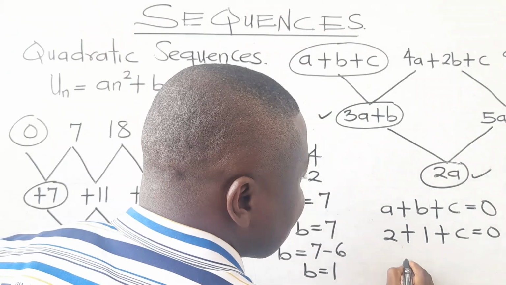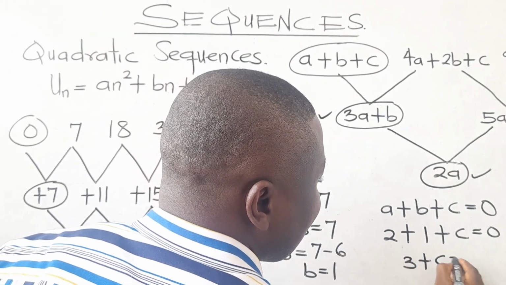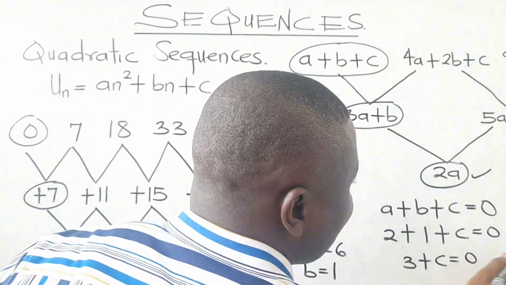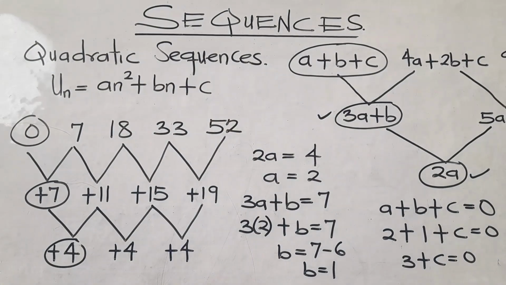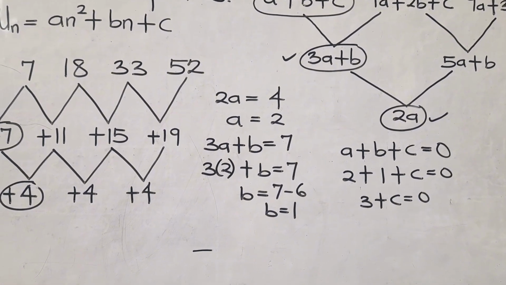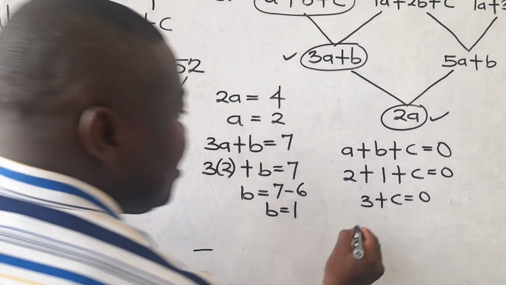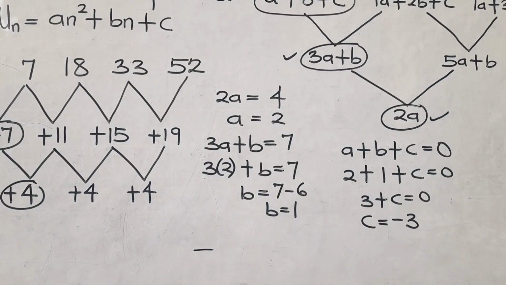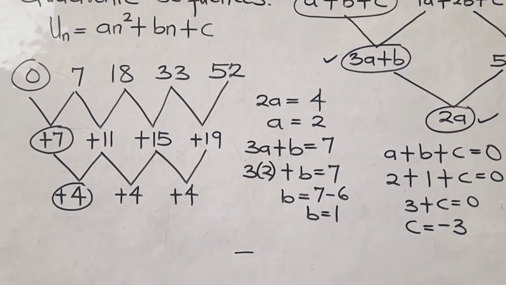So we have 3 plus c equals 0. Hence, c equals negative 3. Sorry, it is scattered, but I believe we'll have a better arrangement next time.